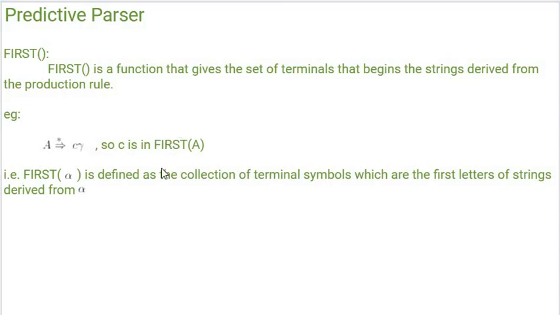So first of A is defined as a collection of terminal symbols which are the first letters of the strings derived from alpha. So hope it is clear for you. Now let us discuss with some examples.